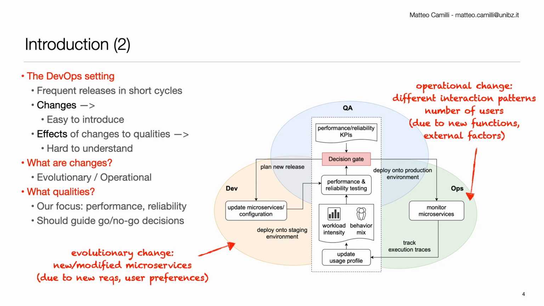So what are the qualities? In this work, our focus is primarily on performance, reliability, and their existing inner relationships, because both performance and reliability represent important quality attributes for microservices systems.